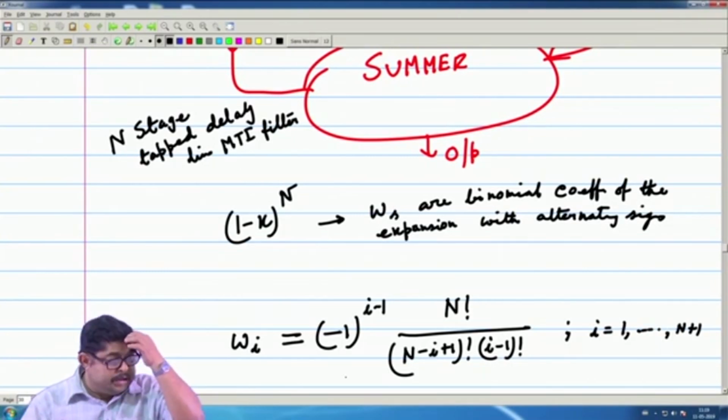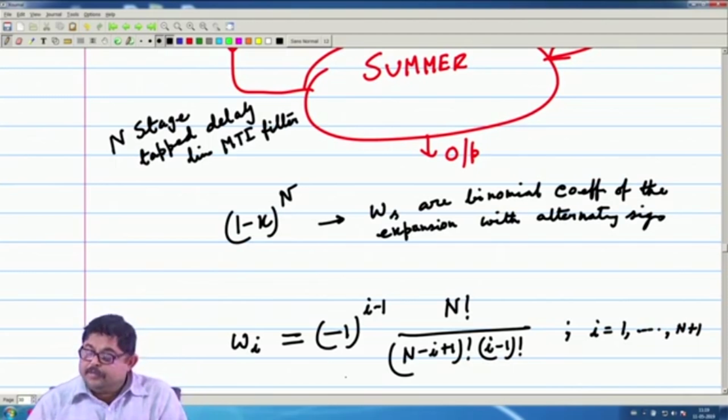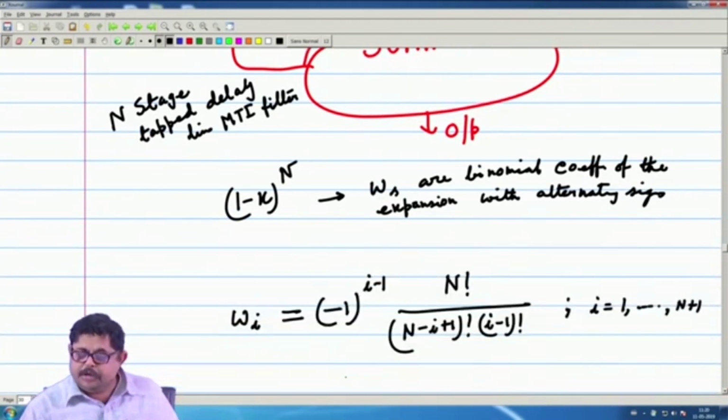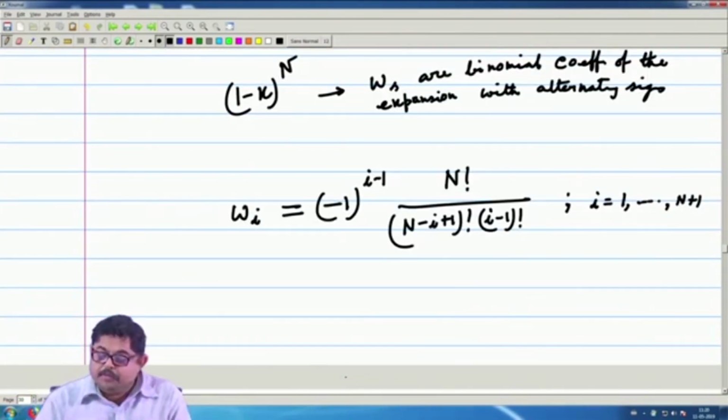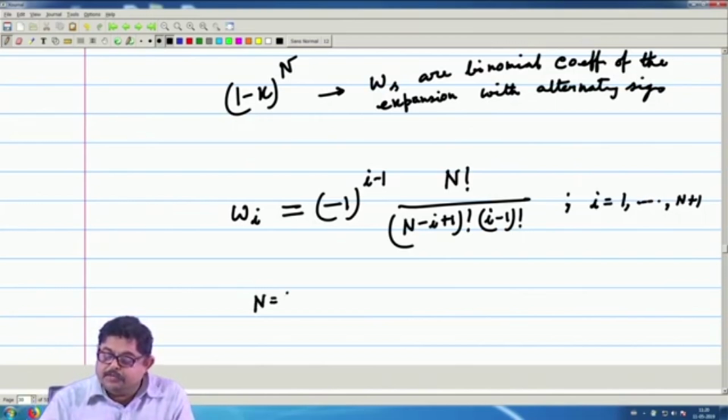So, you can check, suppose you take capital N is 4. So, basically n stages. What will be W1, what will be W2, and you can do that in your actual work also. Because up to 3 we have done, let us do for 4 also, that n is equal to 4.